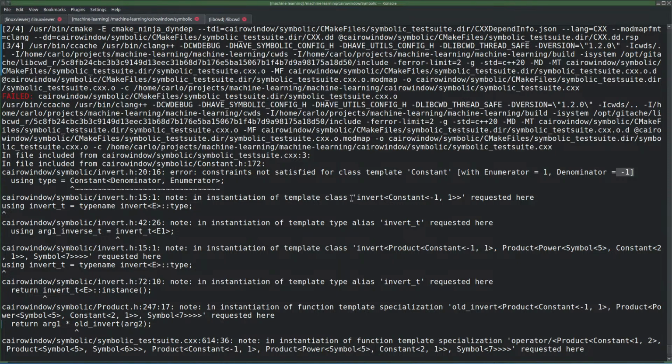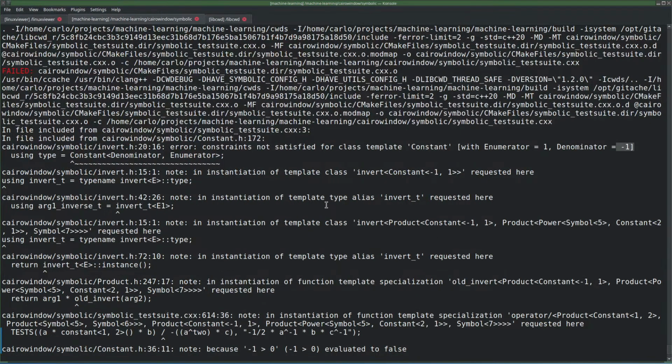In instantiation of template class invert. Oh, okay, we found it. I'm having an invert that just swaps the enumerator and denominator, but that is not allowed when the enumerator is negative.